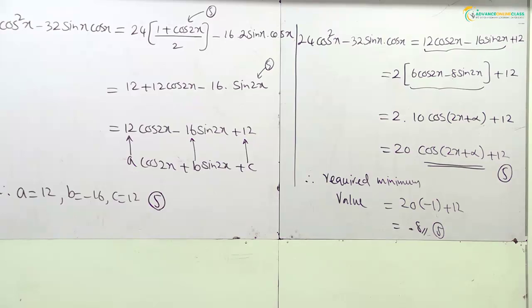The point D lies on the extended line BC such that CD equals 2p, BC equals p. Find AD squared. Okay, simple thing.